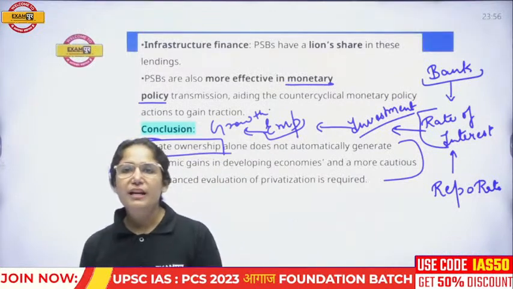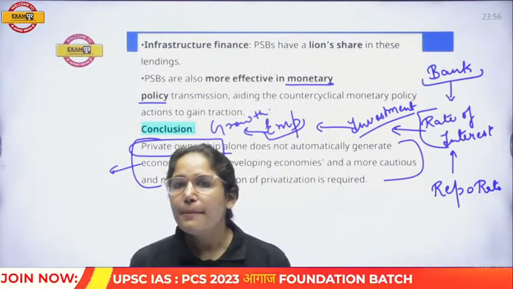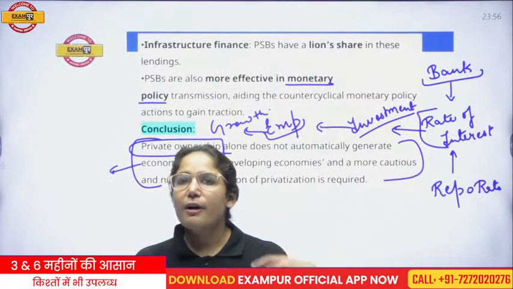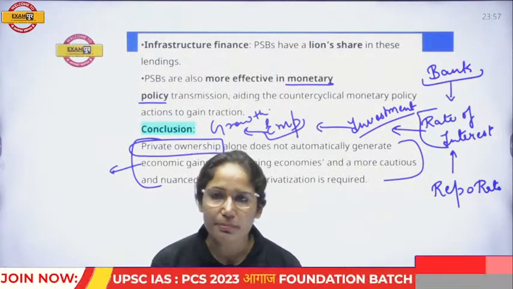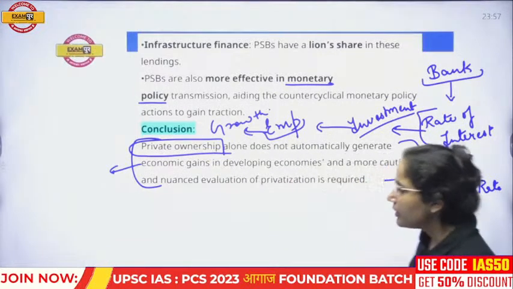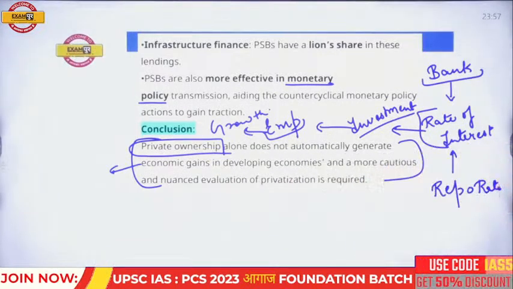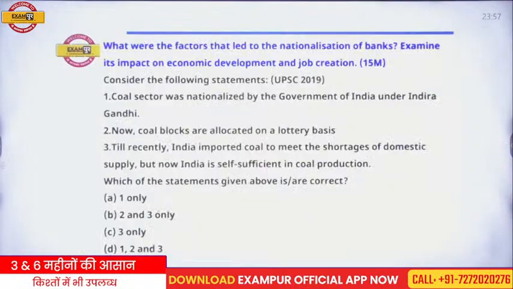So such benefits could be gained by the private banks from the public banks, but public banks are not getting any benefit from the private banks. This is the problem we can talk about.